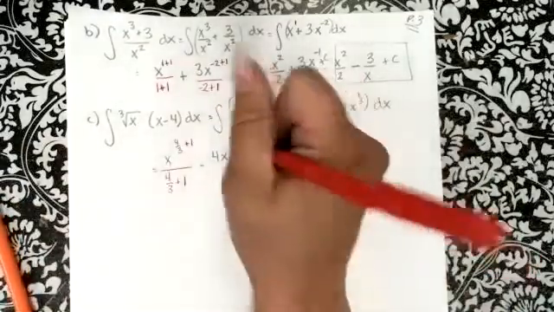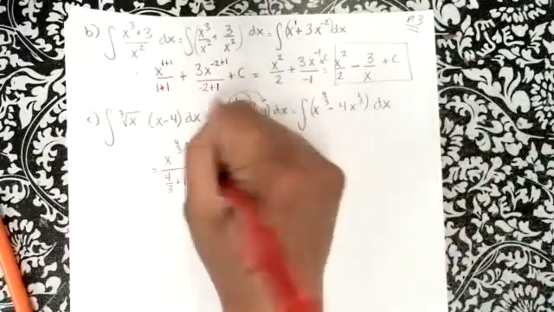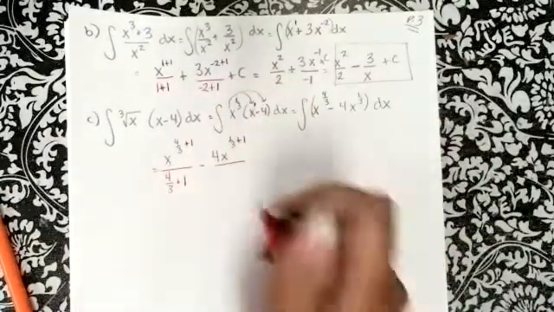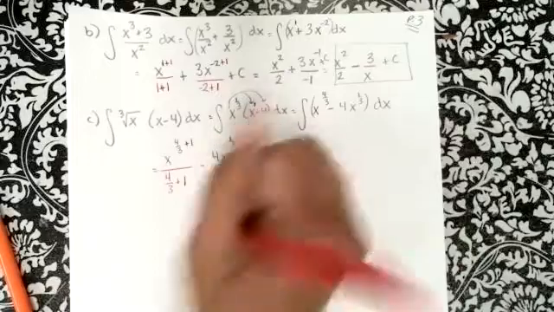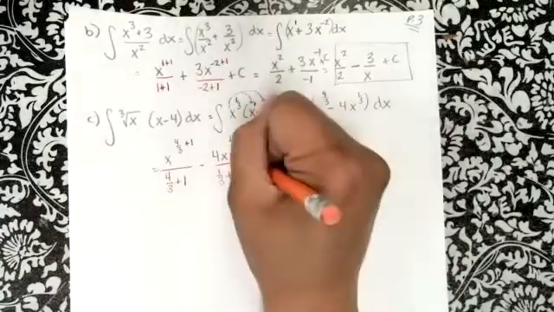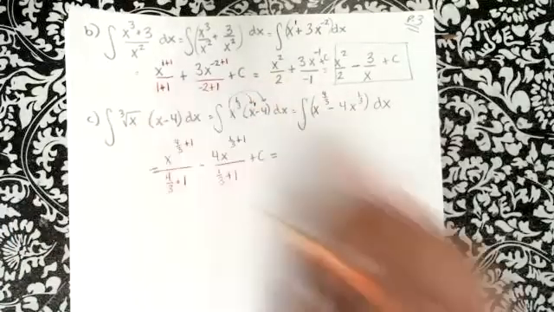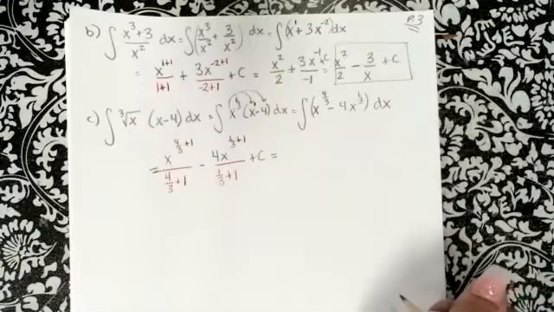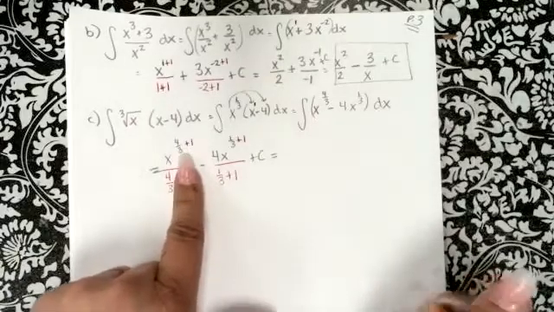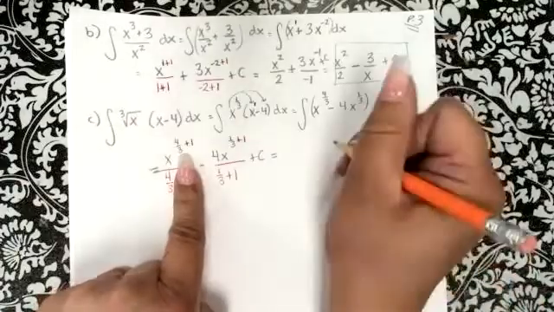Now, whatever the exponent is, I'm going to add 1. So that's 1/3 plus 1. Well, guess what? That goes in the denominator. Plus my constant. 4/3 plus 1 is 7/3.